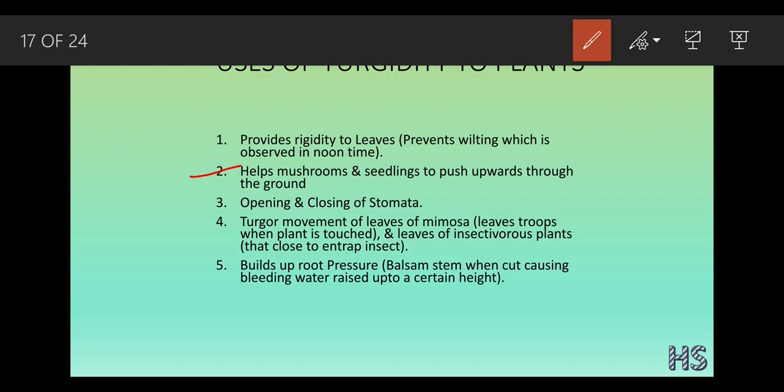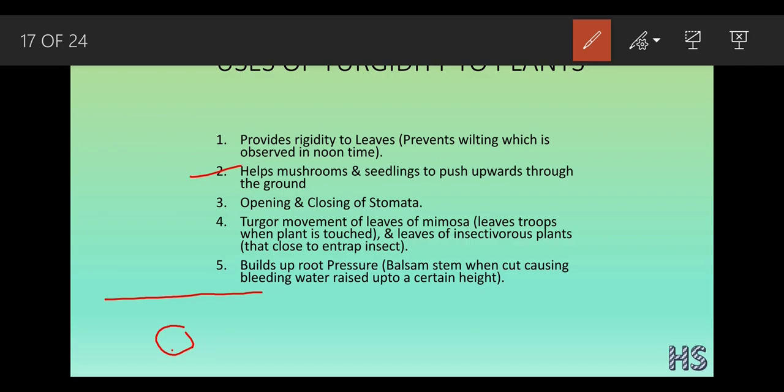Suppose this is a soil surface and I'm going to put a seed inside this and water it. I'm going to give it sunlight, I'm going to give every condition which is needed for the plants to grow.